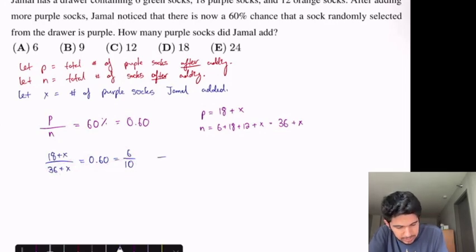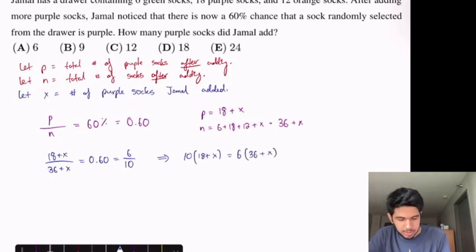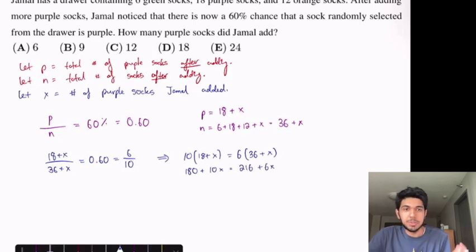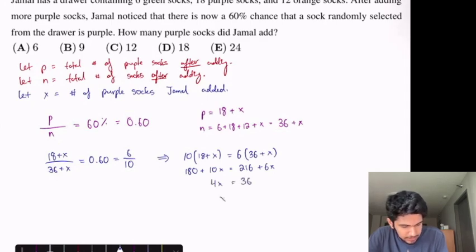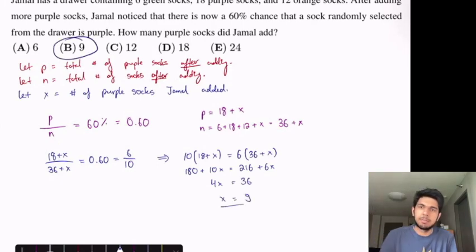So this will give us 10 times (18 plus x) equals 6 times (36 plus x). Distribute, we get 180 plus 10x equals 216 plus 6x. You can move the x terms to the left side and the integer terms to the right side and get 4x equals 36, x equals 9. And that's how many socks he added, 9.